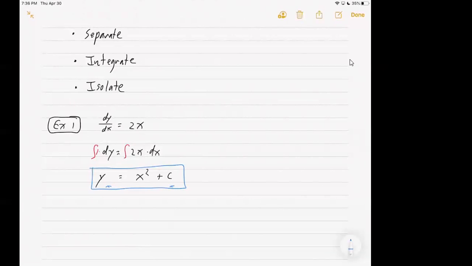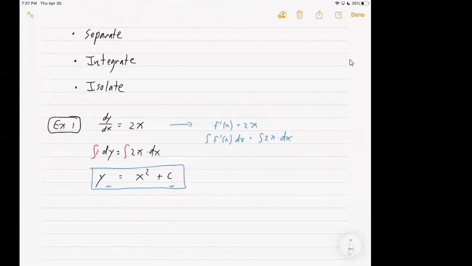All right. Now that could have been done simply by starting with the original problem. Since we had dy/dx, we could call that f prime of x equals 2x. So this is really nothing new. If we integrate f prime of x with respect to x, then we should integrate 2x with respect to x.